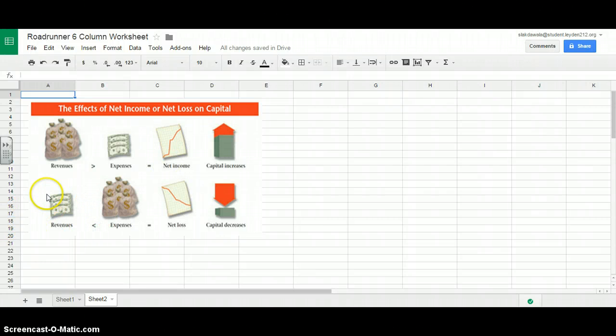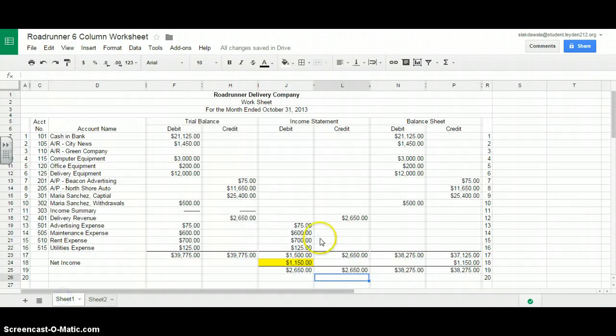If the opposite was true, if our revenue was less than our expenses, we would experience a net loss, which would mean that the capital of our company was decreasing. If that was the case, if we had to decrease our capital, we would have to put this value in the debit column, because debits on the left, that's how we decrease our capital account.